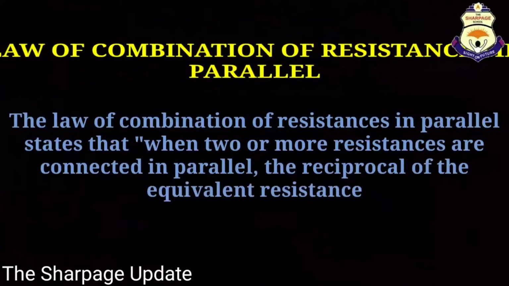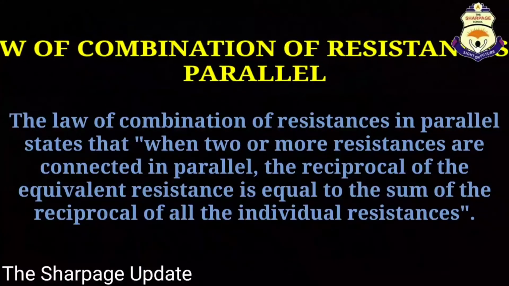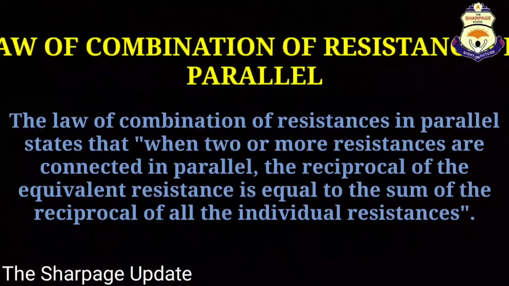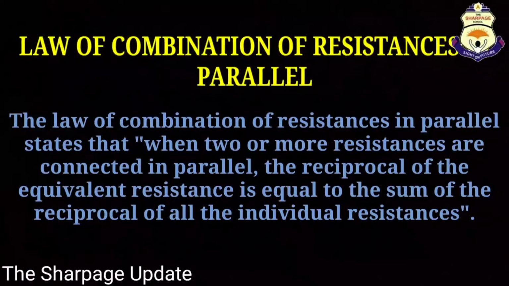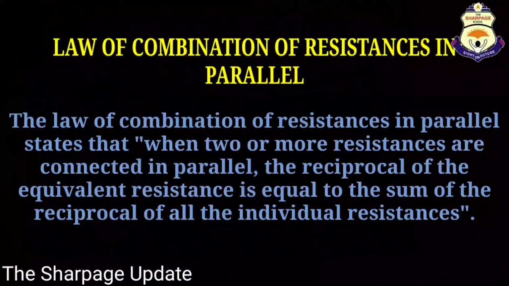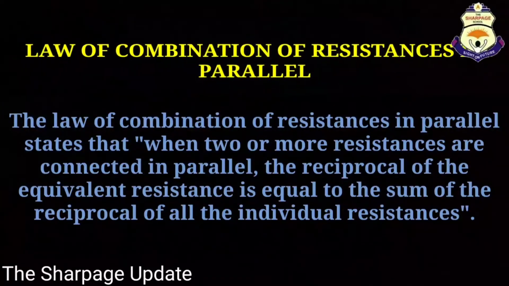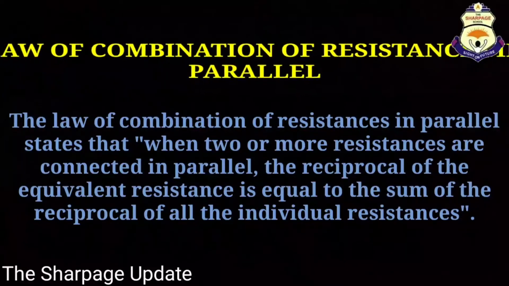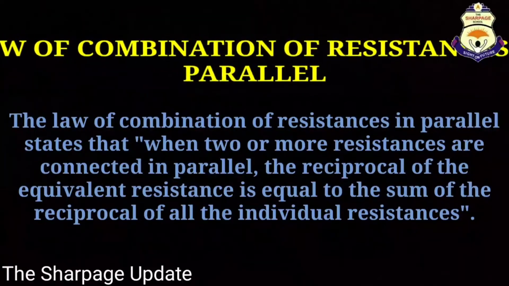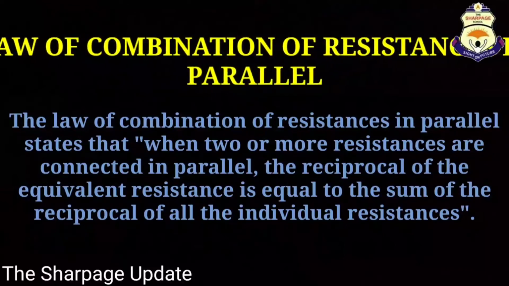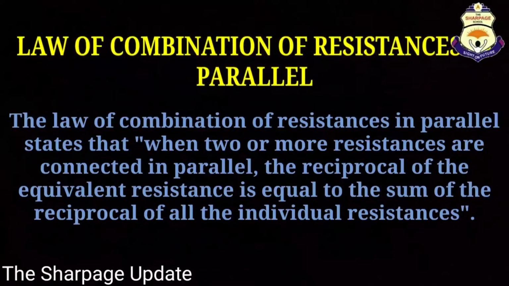The law of combination of resistances in parallel states that when two or more resistances are connected in parallel, the reciprocal of the equivalent resistance is equal to the sum of the reciprocals of all the individual resistances.